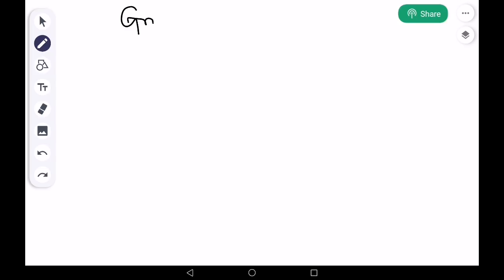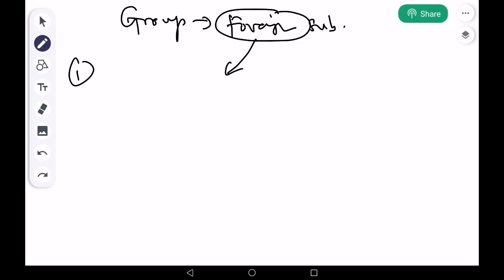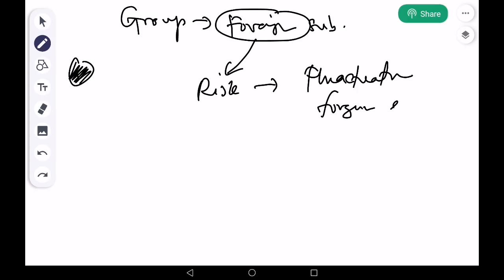So we are talking about group. When you are talking about group, foreign subsidiaries. So first I will teach you, because at the end when you come to foreign subsidiaries, you are facing a risk, class. What risk is all about? Fluctuation of foreign exchange rate.